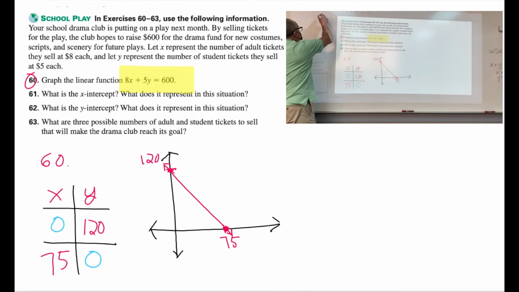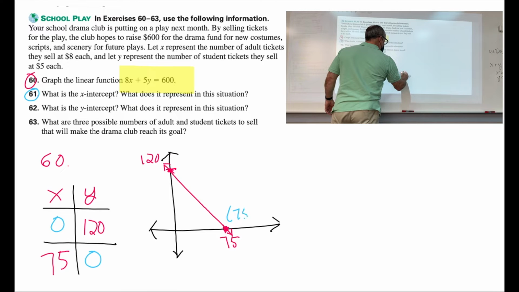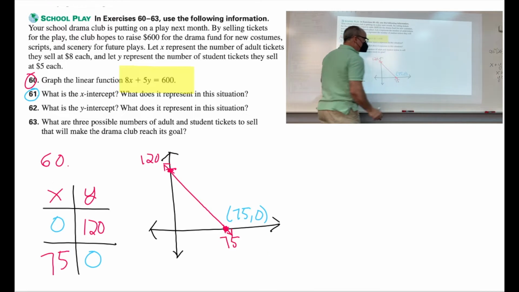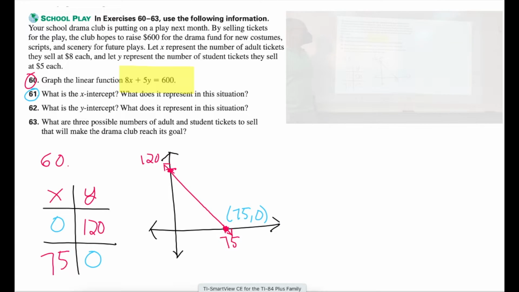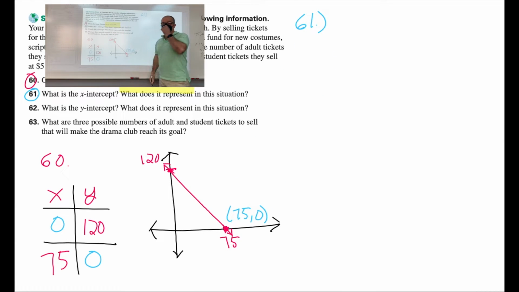Now, 61. What is the x-intercept? Okay, well, the x-intercept is this point, 75, 0. I just said this a minute ago, but what did I say the x-intercept meant? Anyone remember? Yes, Zoli.